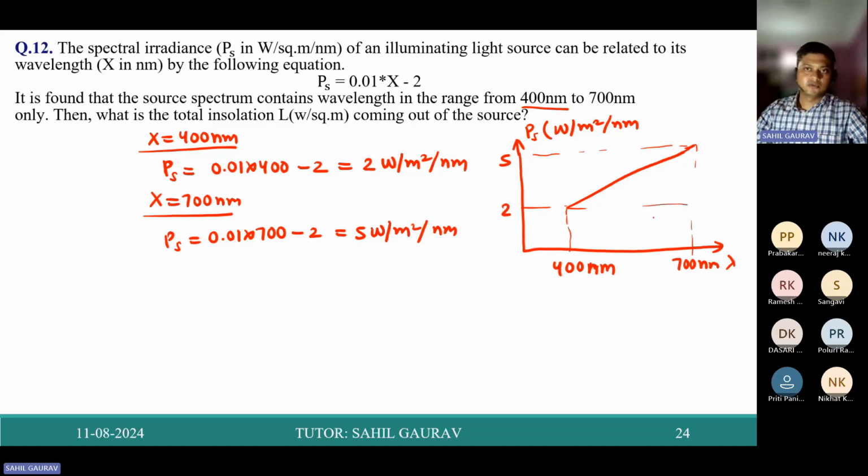We know that L is the area under this curve, the integration of PS into d lambda.